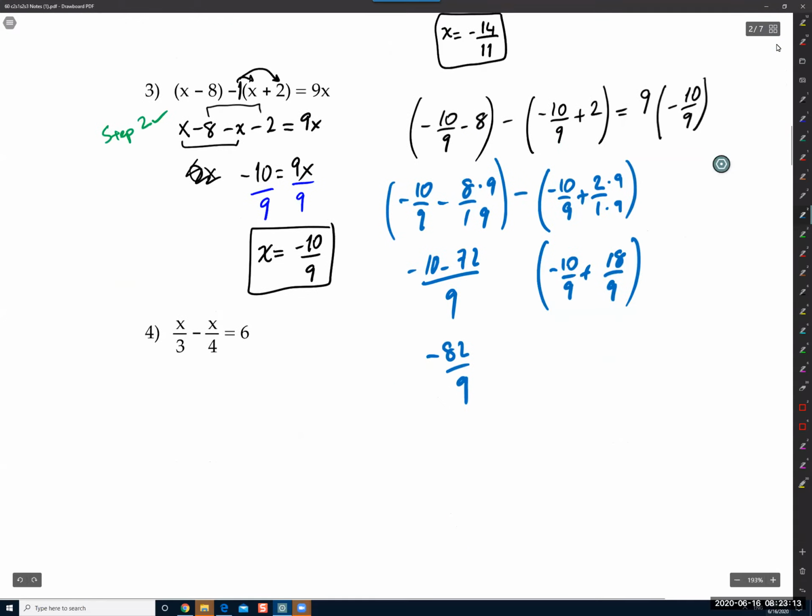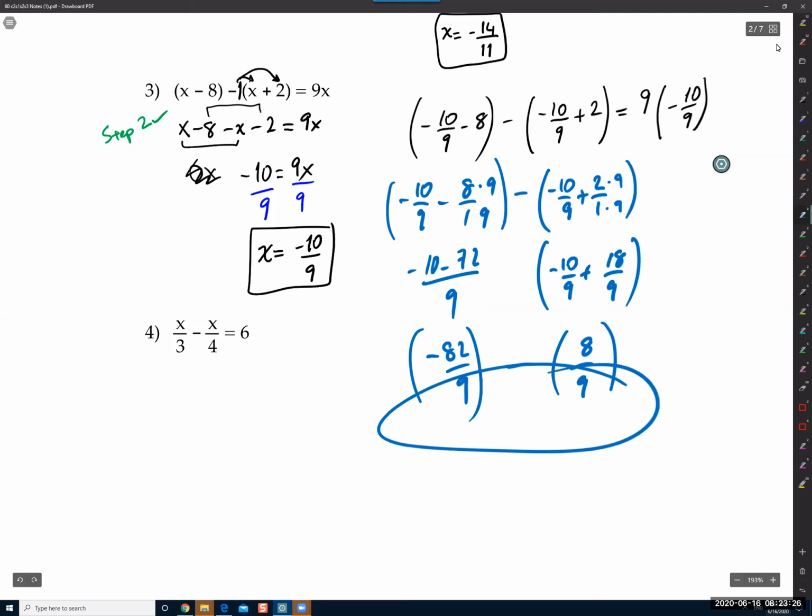That's going to be 8 over 9. Yep. The first parenthesis, the second parenthesis, but be careful, you're subtracting them. So negative 82 minus 8, because the denominators are the same. Negative 82 minus 8 is negative 90 over 9, which is negative 10.